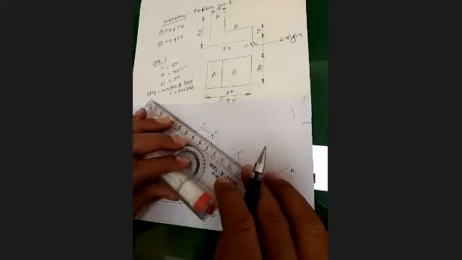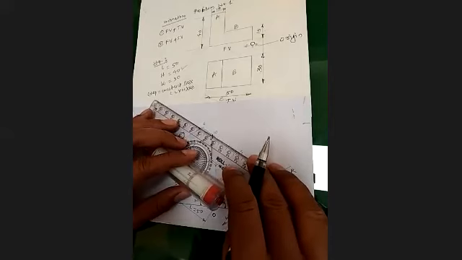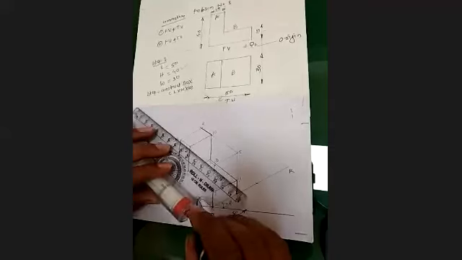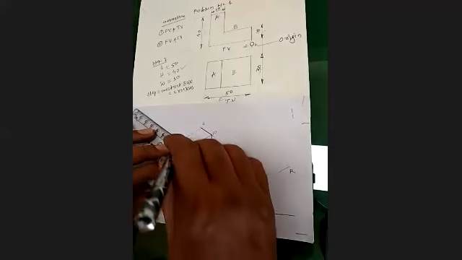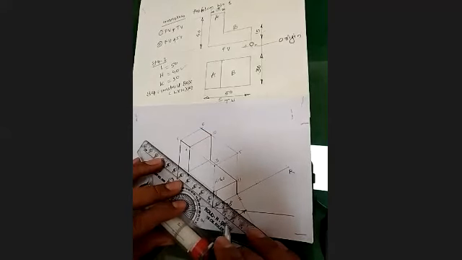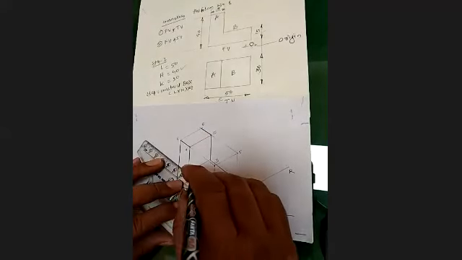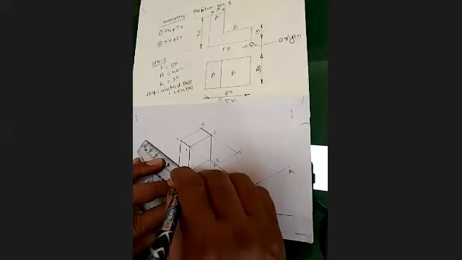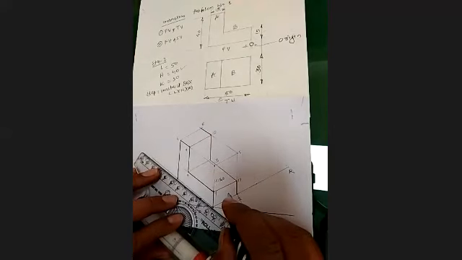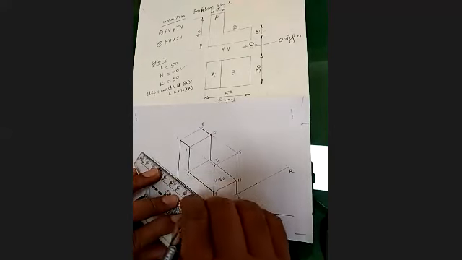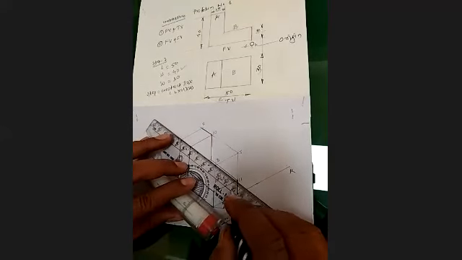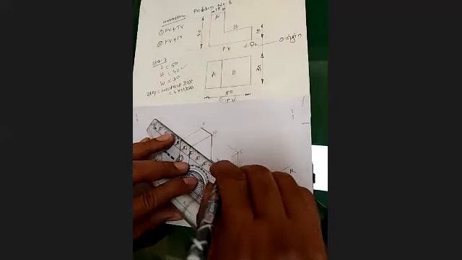Then I will start taking the dark lines from this edge. So your answer is ready, but I am just making your final object comfortably visible to you. This bottom edge is visible, so I will make it dark. This edge is visible. Even this one, I will make it dark.